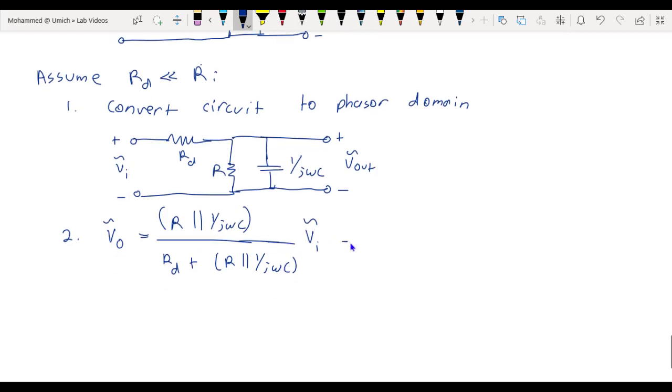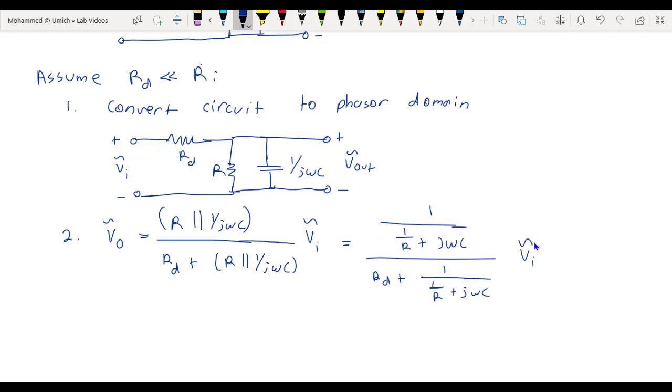And this equals 1 over R plus j omega C over R_D plus 1 over R plus j omega C, and this whole thing times the input voltage phasor.